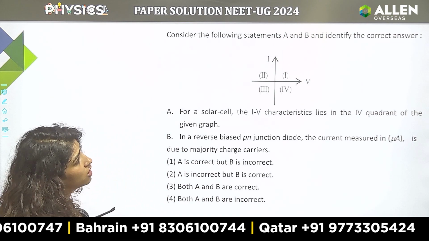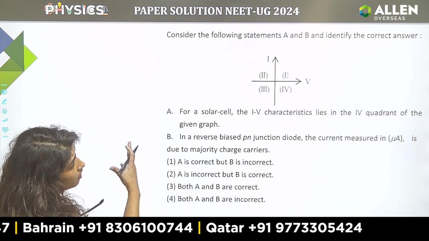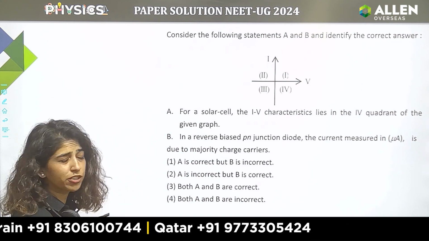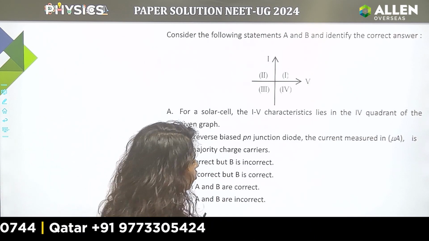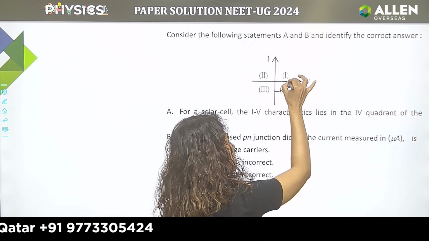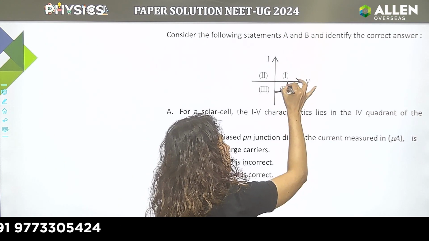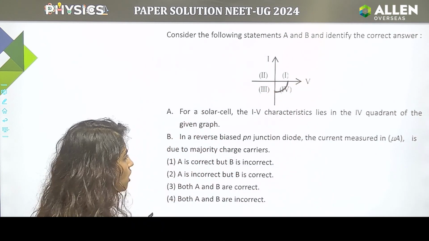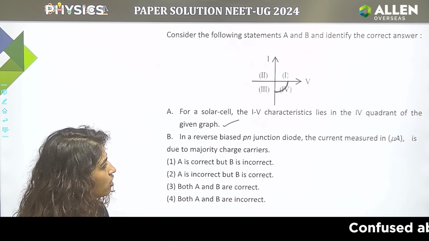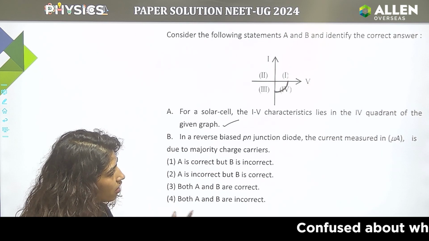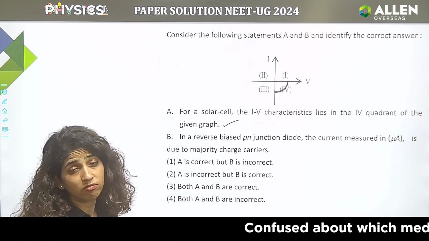Next question. They are giving two statements. Let's see the first statement. A solar cell's IV characteristic lies in the fourth quadrant, which is absolutely correct. This is how the IV characteristic of a solar cell looks. So this statement is correct. Next, in a reverse biased PN junction diode, the current is in microamperes, absolutely correct.